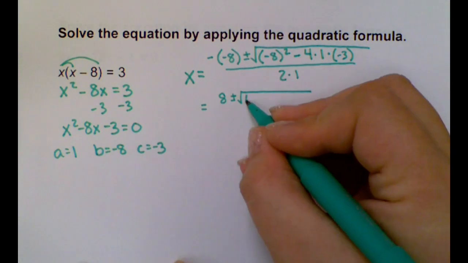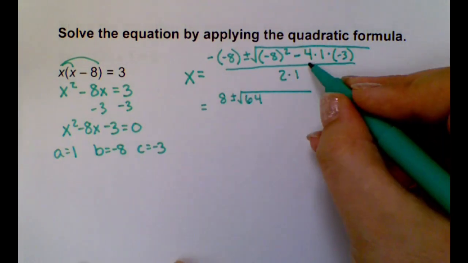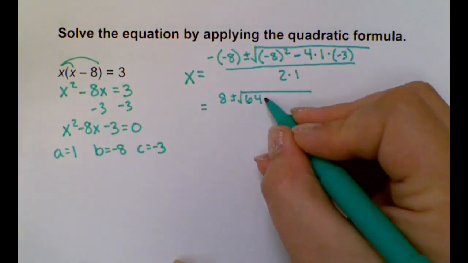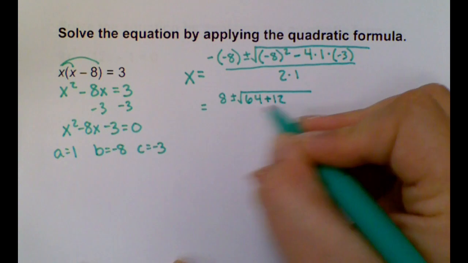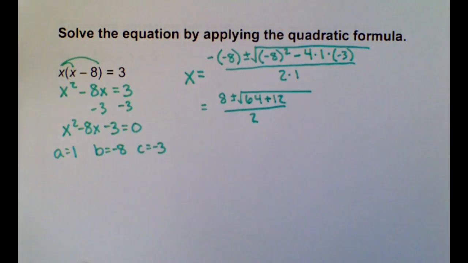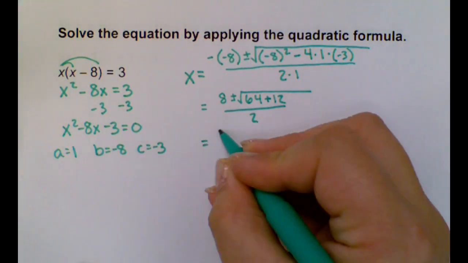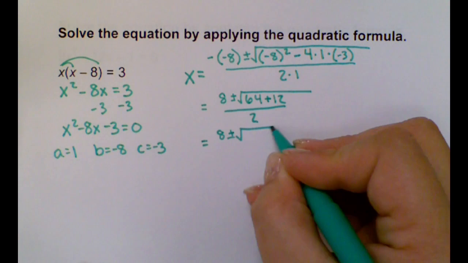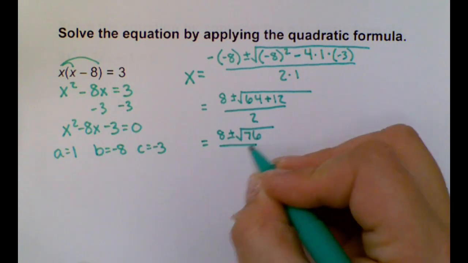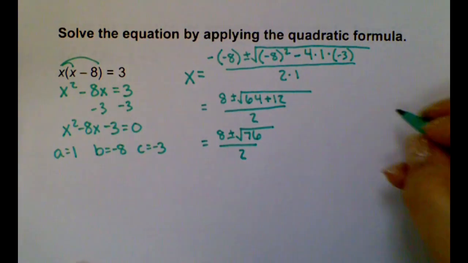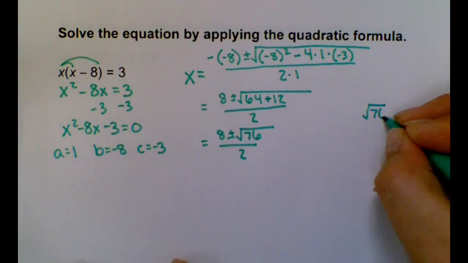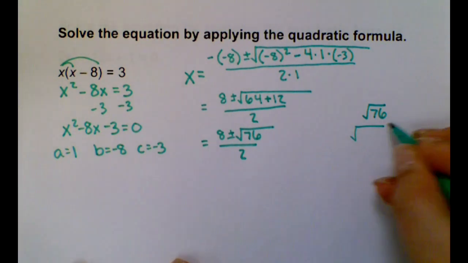Negative 8 squared is positive 64. Minus 4 times 1 times negative 3 makes it a plus 12. And 2 times 1 makes it 2. So now we have 8 plus or minus the square root of 76 all over 2. Now comes the question, can I break down the square root of 76? Is there a perfect square that goes into it?